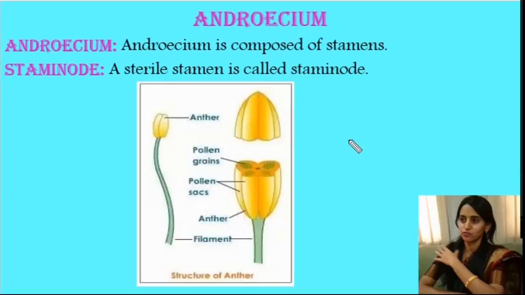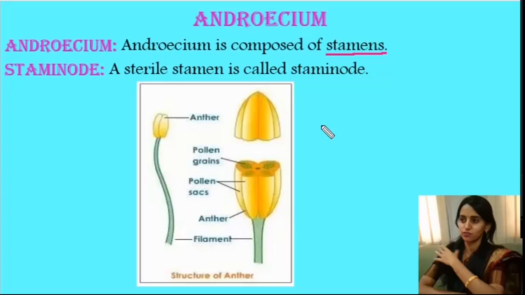Yes, you all know that Androecium is the male reproductive part of the flower and it is composed of the stamens. That is, the individual member of the Androecium is known as a stamen. In some of the flowers, there are sterile stamens.